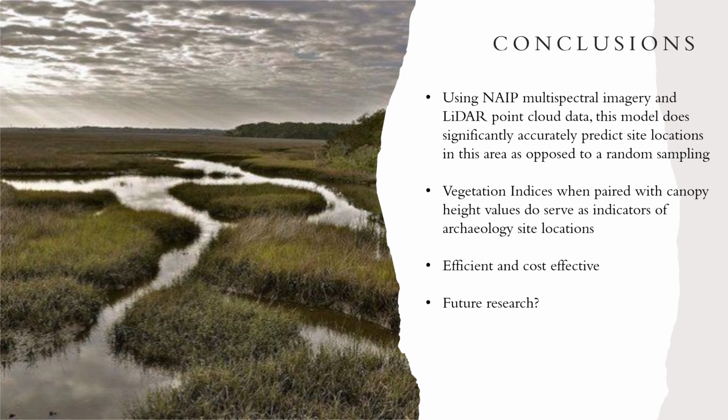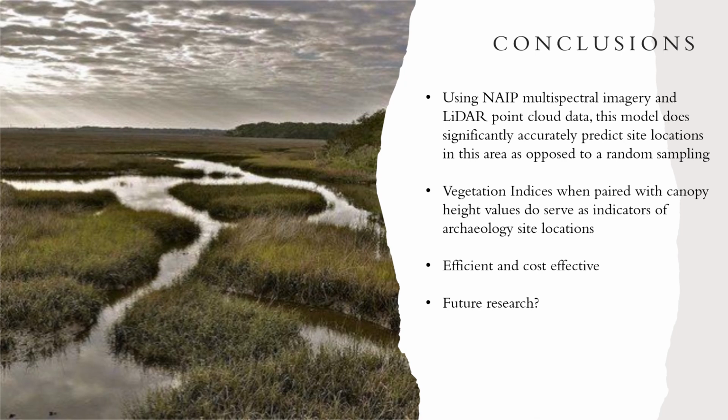So to conclude, using NAIP multispectral imagery and LiDAR point cloud data in this case to find NDVI values, using vegetation indices and canopy height values to show tree health does significantly accurately predict site locations in this area as opposed to random sampling.